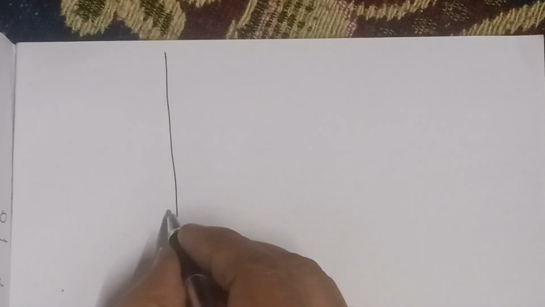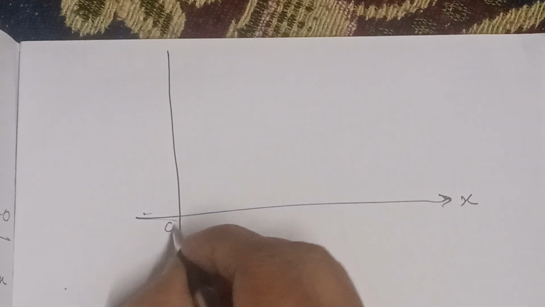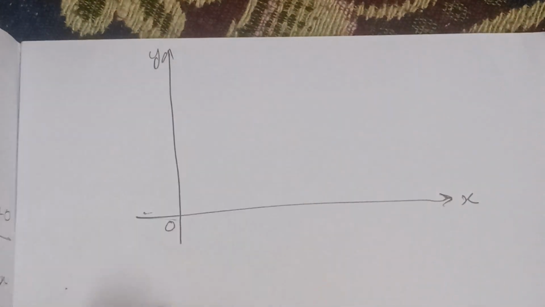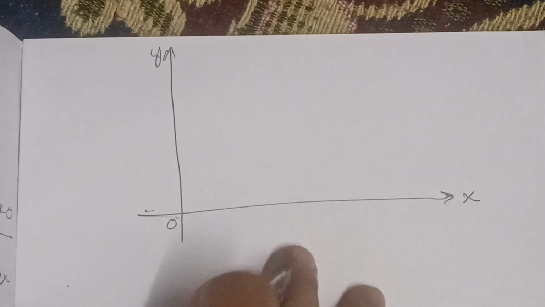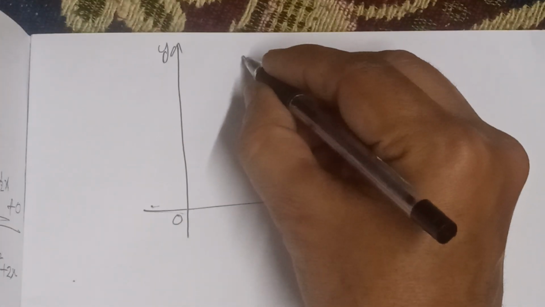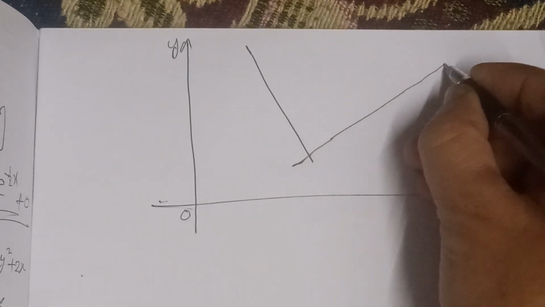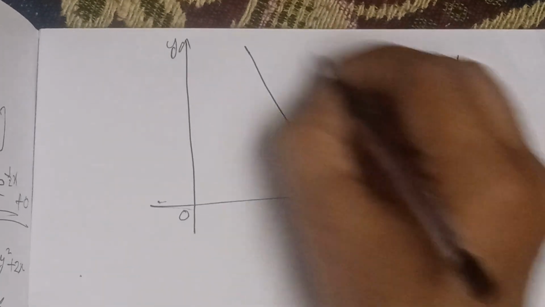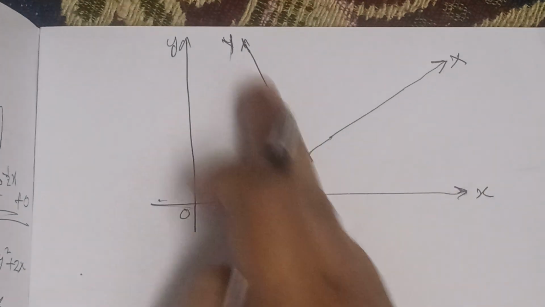Let small x and y are x axis and y axis, which is old coordinate system, and new coordinate system is shown here by capital letters capital X and capital Y, which is given by lines.